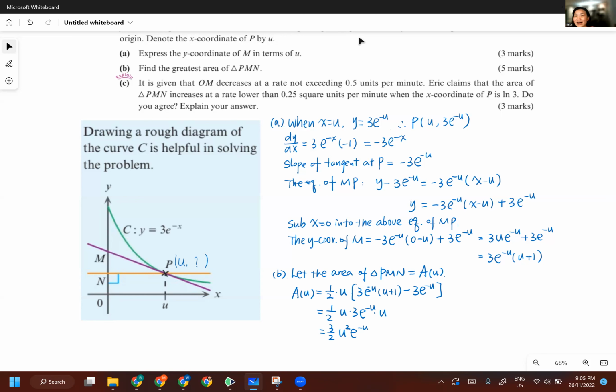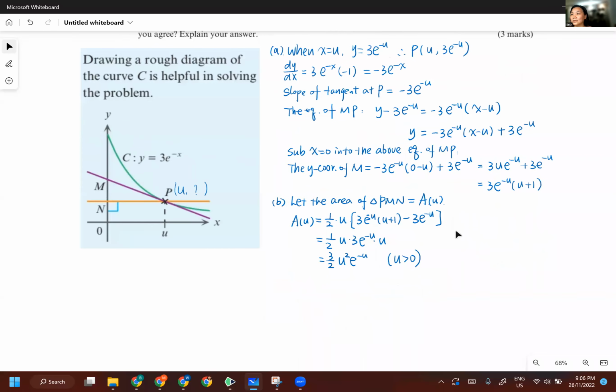Anything that is higher, I don't care. Later on, I will consider the range.